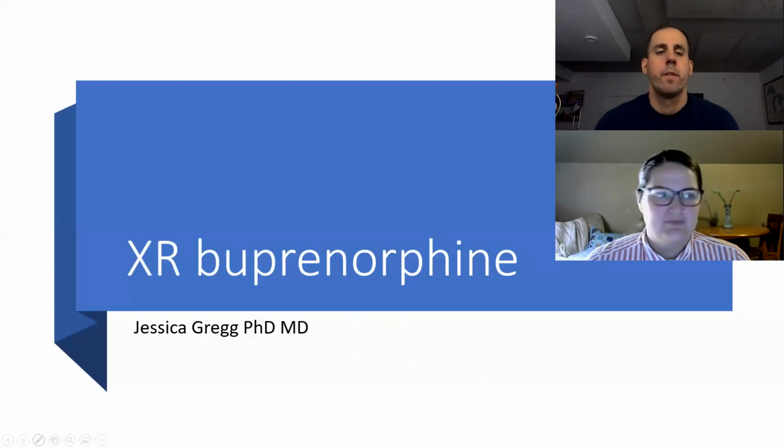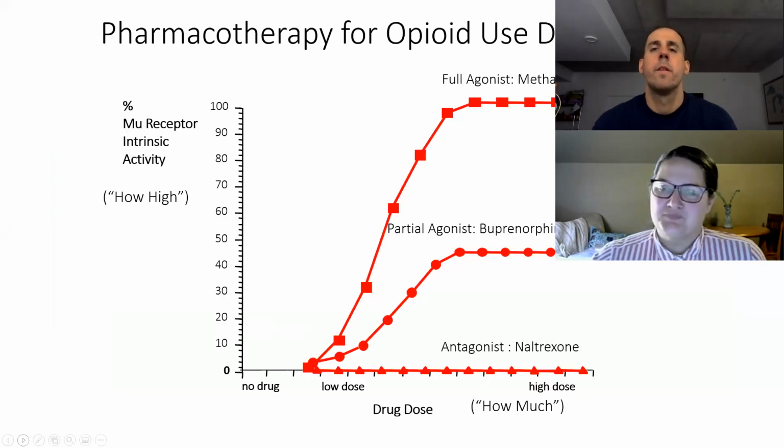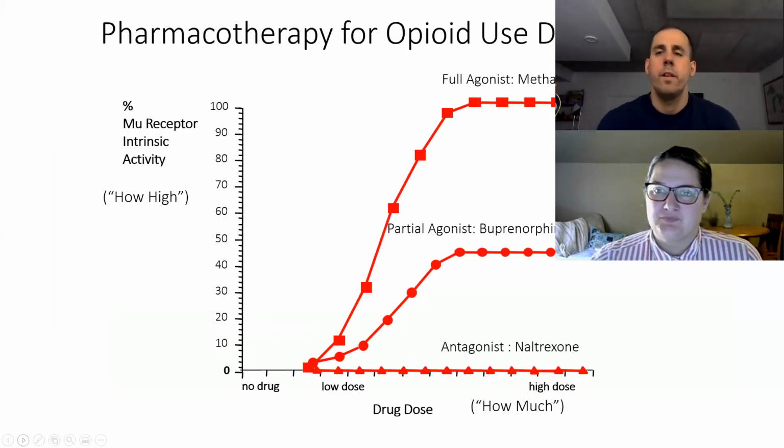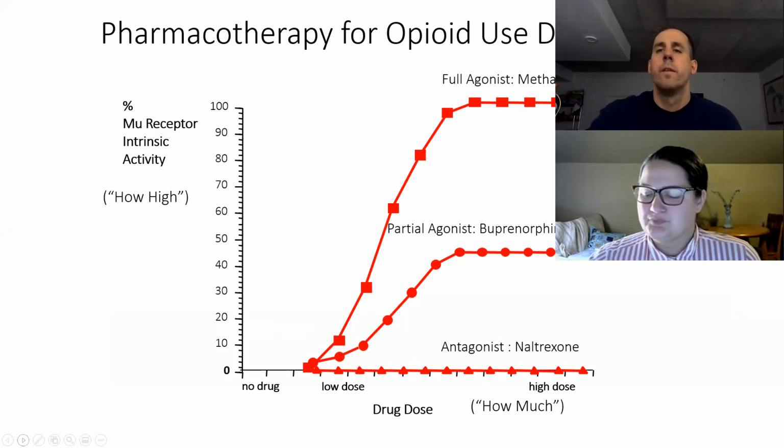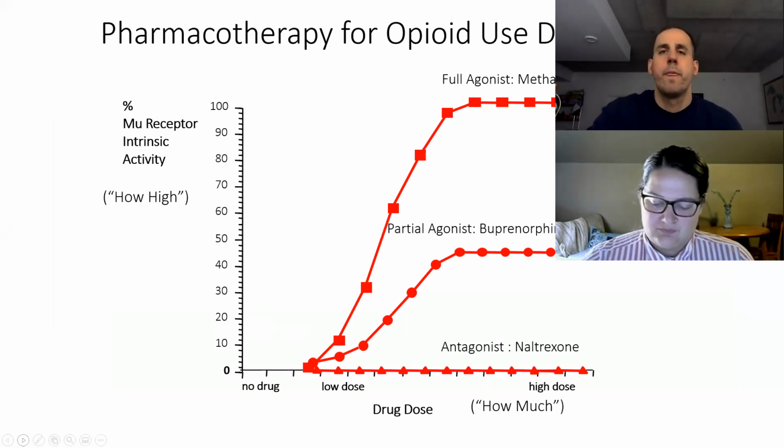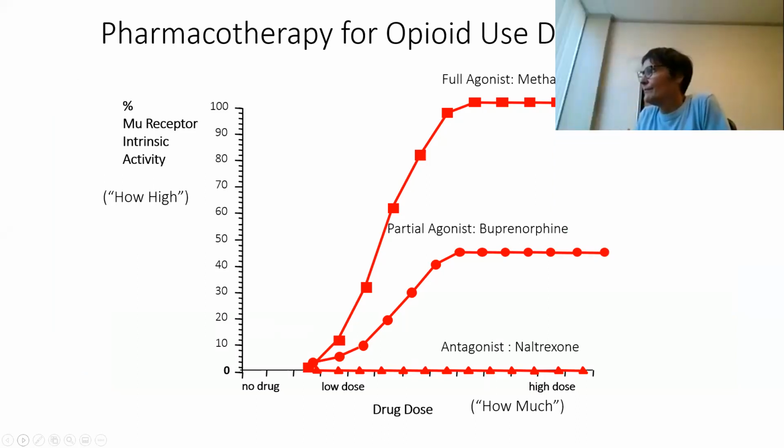Okay. So I'm going to start just with a super brief review of buprenorphine generally, not in an extended release or pill form, but just what is bup. And just as a reminder, we have really three kinds of pharmacotherapies for opioid use disorder. We have antagonists, medications that block opioids.